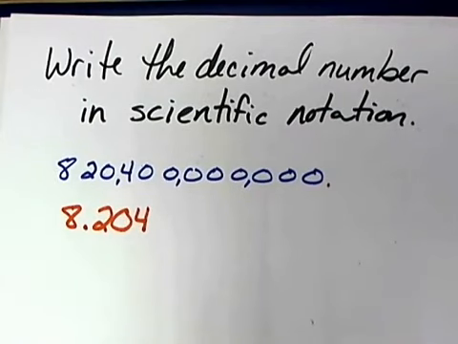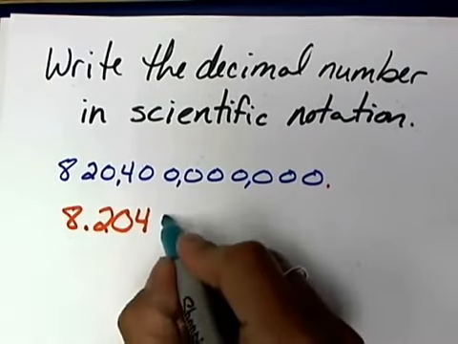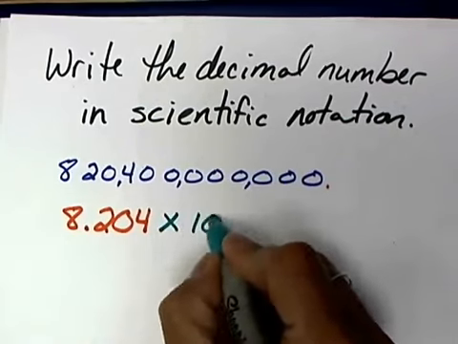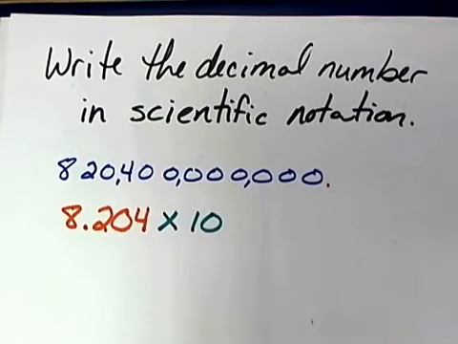Then, because it's scientific notation, I must have times 10, because in order to move a decimal point, you are multiplying by 10. The exponent never goes on our number here. And now we get to count. Love to count. My decimal point is over here.